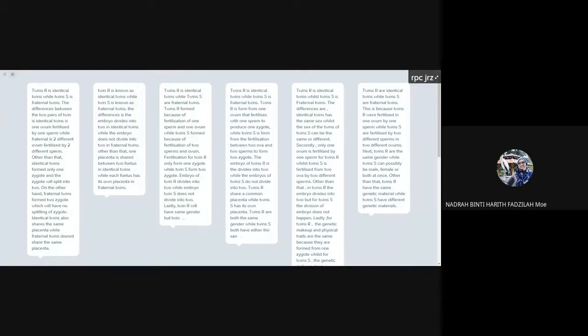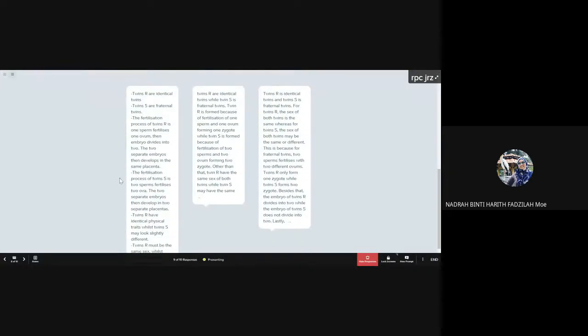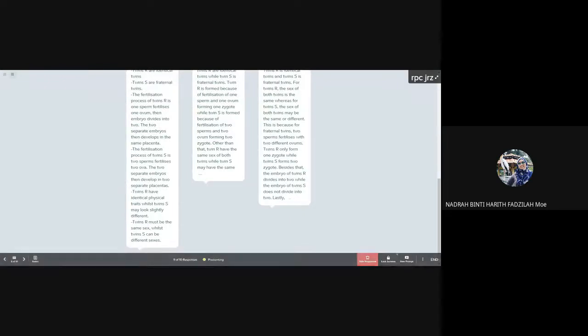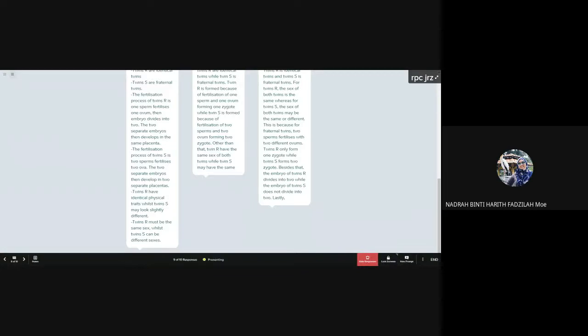In terms of physical characteristic atau physical trait, untuk R sama, S berbeza, can be different ya. Alright, so gender tu jangan gabungkan, gender tu make it a different point ya, pisahkan ya. Sebab untuk gender tu satu markah, untuk physical trait tu lagi satu markah. Last kali nanti kita nak tengok Siamese twin pula ya.